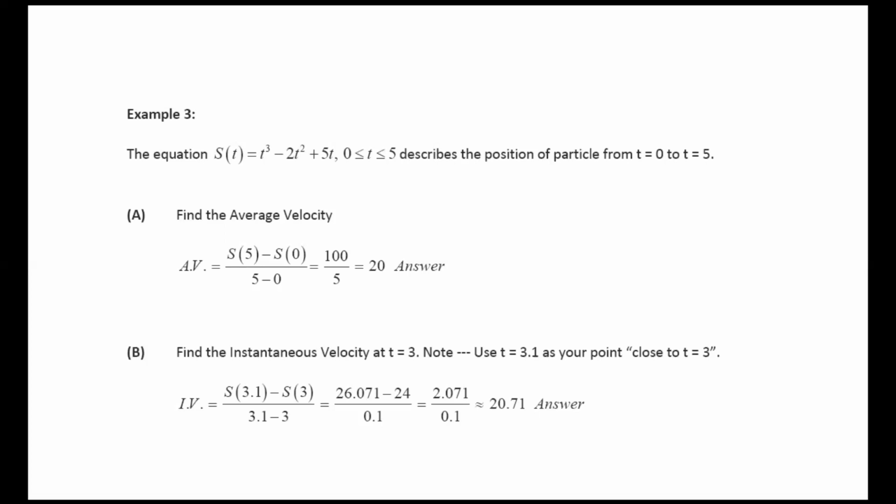Now, that's going to be S of 3.1 minus S of 3 over 3.1 minus 3. That's your setup. That shows that you know what you're doing. Okay, hopefully. Now, this number is gotten from putting 3.1 into this equation.